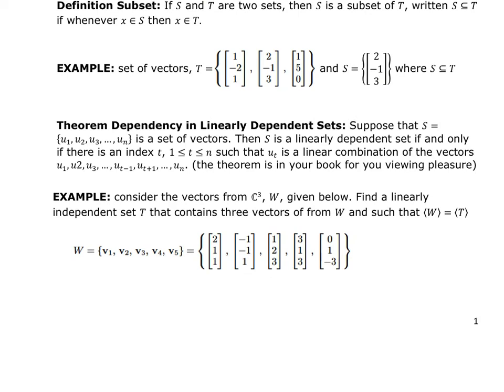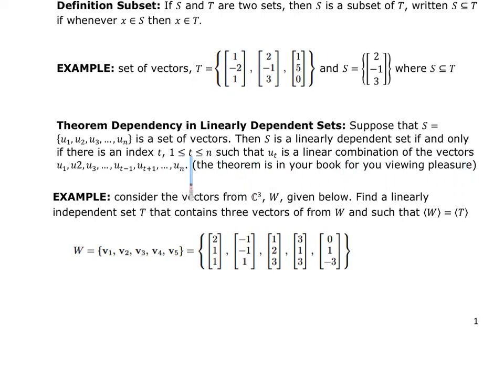So first we're going to look at the first theorem, which is about dependency and linearly dependent sets. Suppose that we have some set of vectors S. We say that S is linearly dependent if and only if there is some vector within my set that is a linear combination of the others.